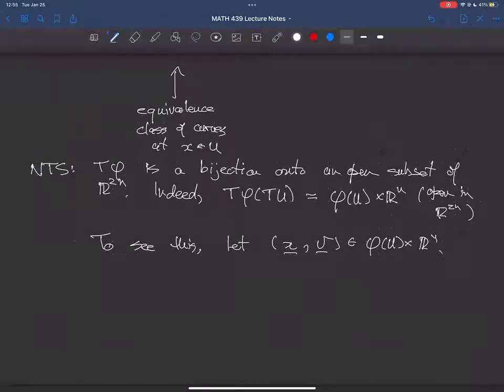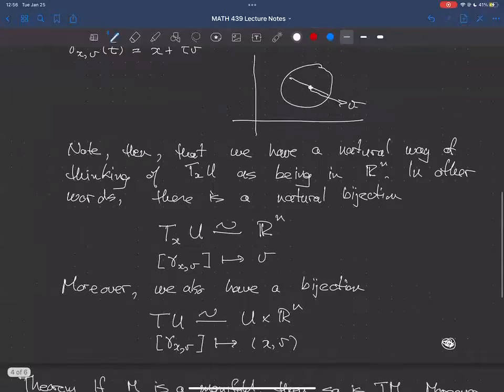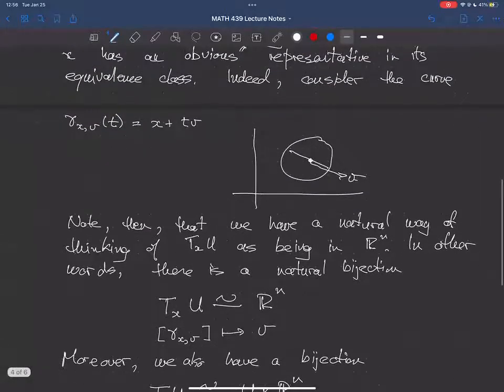Then let gamma x v be the curve at x in M. Okay, so gamma is a curve in M now, and it's similar to what I did up here, where I define this curve gamma x v.